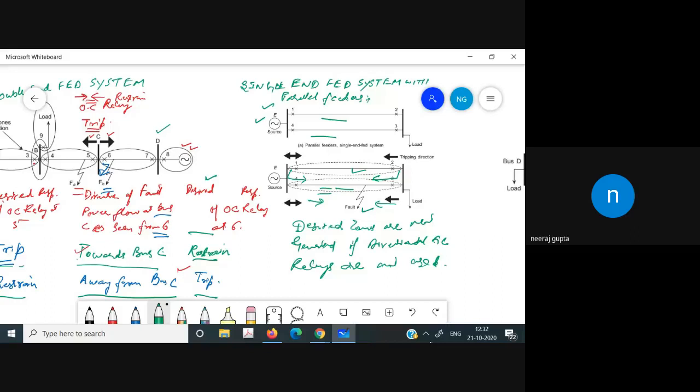The fault power will move from this line also, and as a result, both the lines will trip because of that fault in the system.